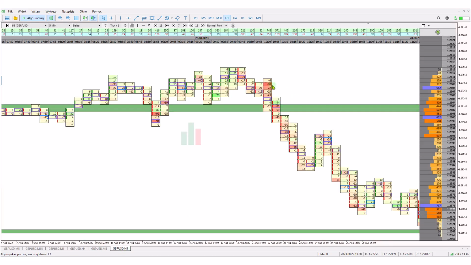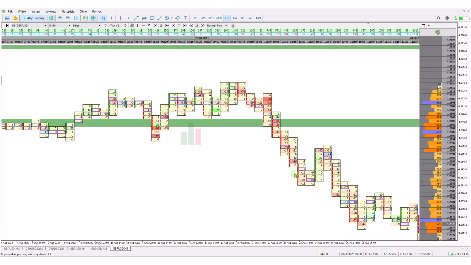So what happened just before London? Yes, I'm not trading Frankfurt. To be honest, I lost a few times in a row, but a long time ago, not even this year. I lost a few times in a row in Frankfurt, because trading Frankfurt you have really not too much time to find a good setup, to find a good take profit just before London.